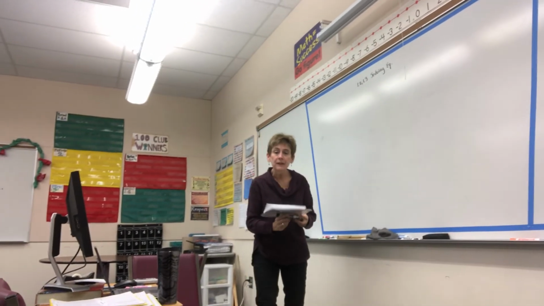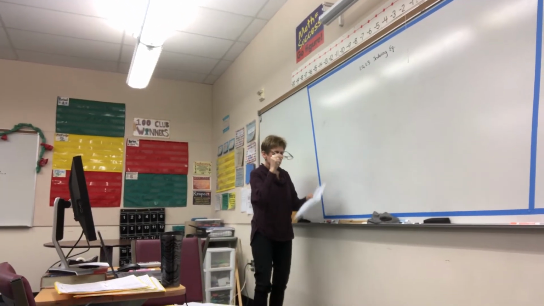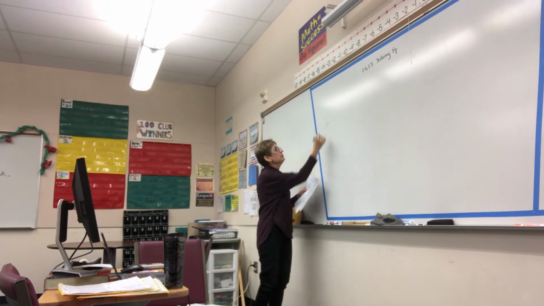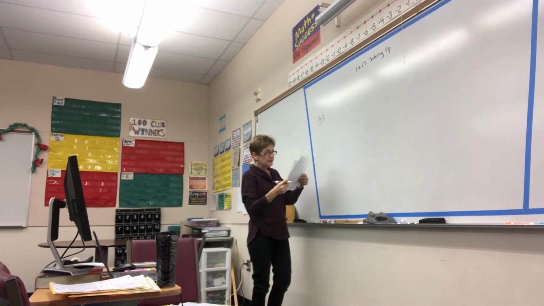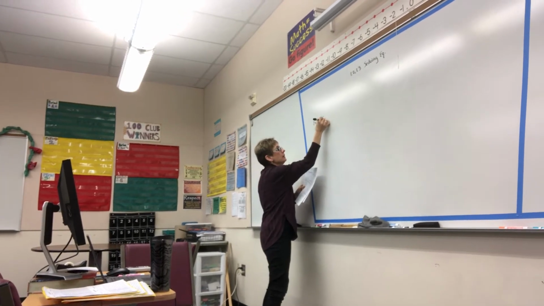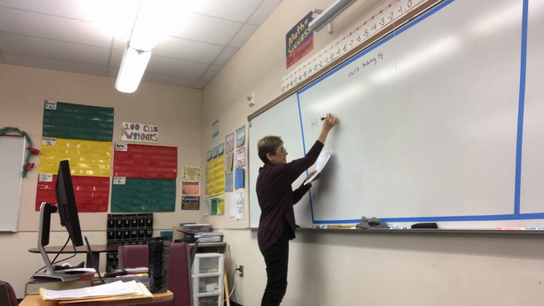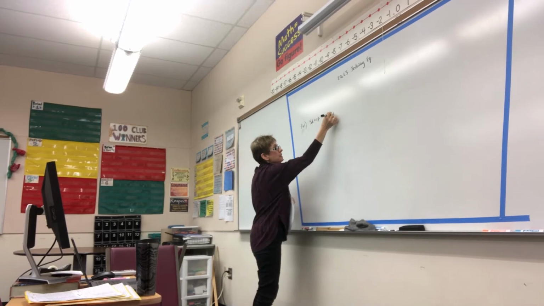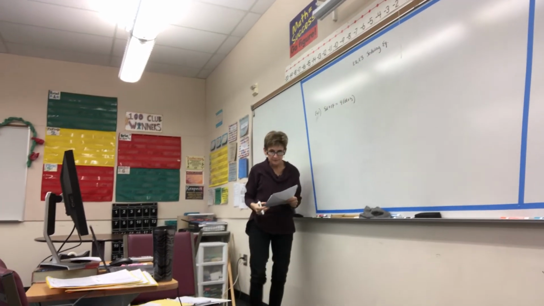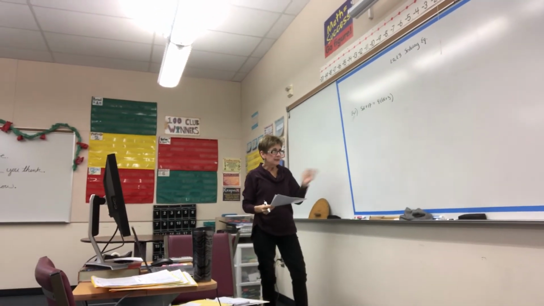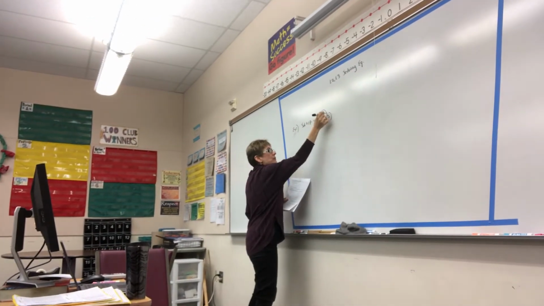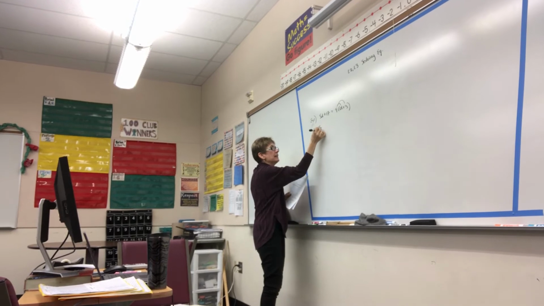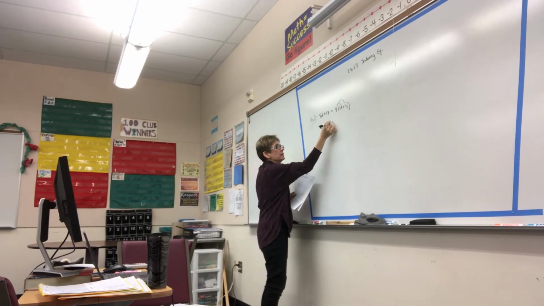Let's start off with a fairly basic example. We're going to do, for example 1, 5d plus 17 is equal to 4 times the quantity d plus 3. In this kind of a situation, it's important when we have the parentheses that we distribute, and then if we have any like terms, that we combine those like terms.